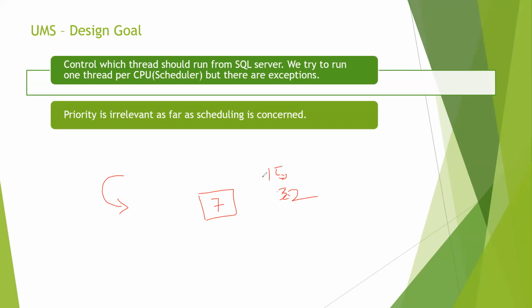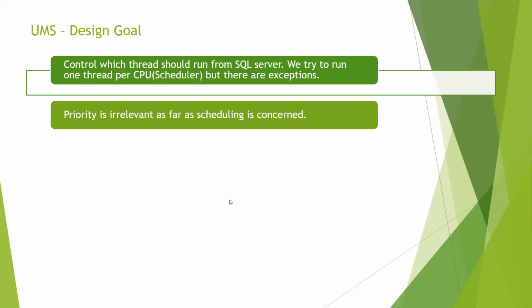So this has to execute. So it will go and start executing, and this will be kicked out of CPU, right? So that is priority driven. But in SQL Server, every thread is the same priority. So one thread will not be kicked out by another thread because of priority concerns, right? So priority is irrelevant in the SQL Server operating system.